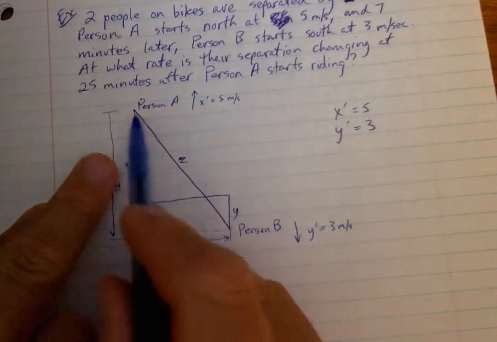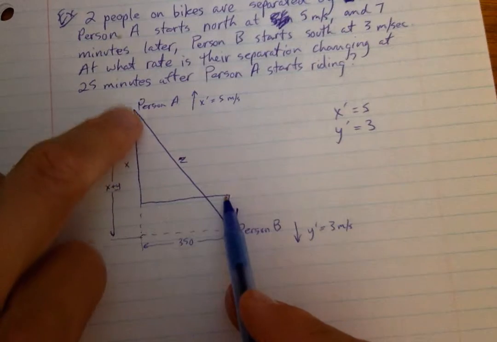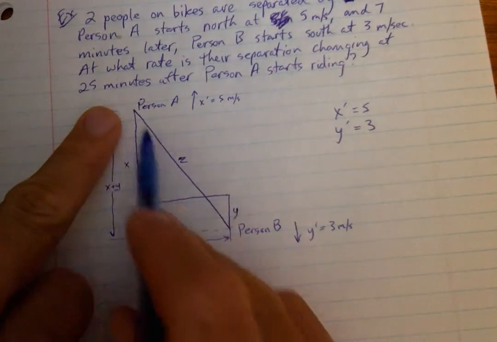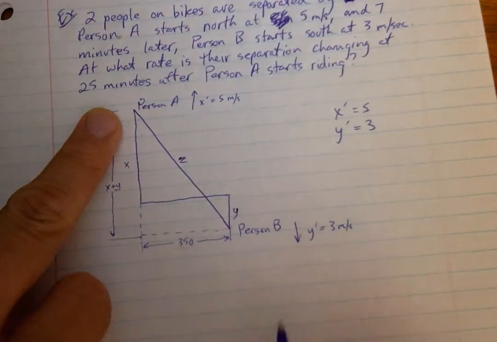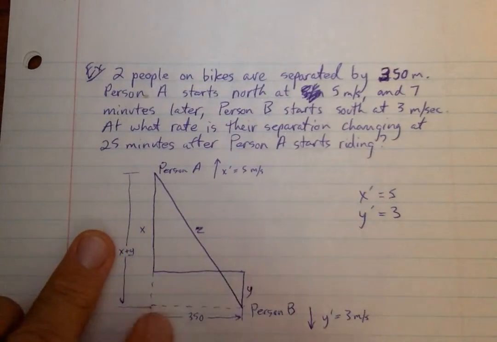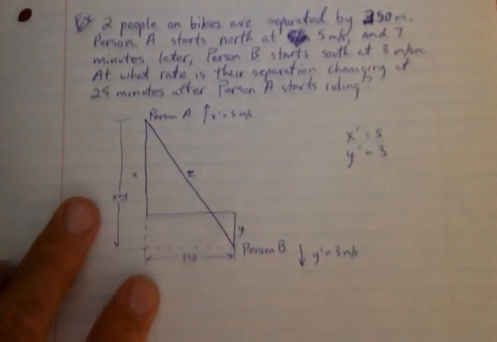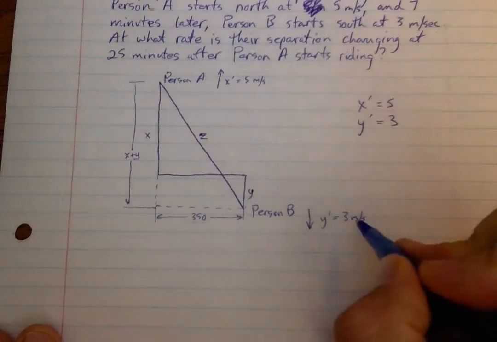Now, this is the separation between them. Say this guy, they started here, and he went up this far, and this guy went down this far. This line Z is the separation between them. Okay, so at what rate is it changing? 25 minutes after person A starts riding. Oh my goodness, they've given us yet another kind of trick, right? Well, what are we after?